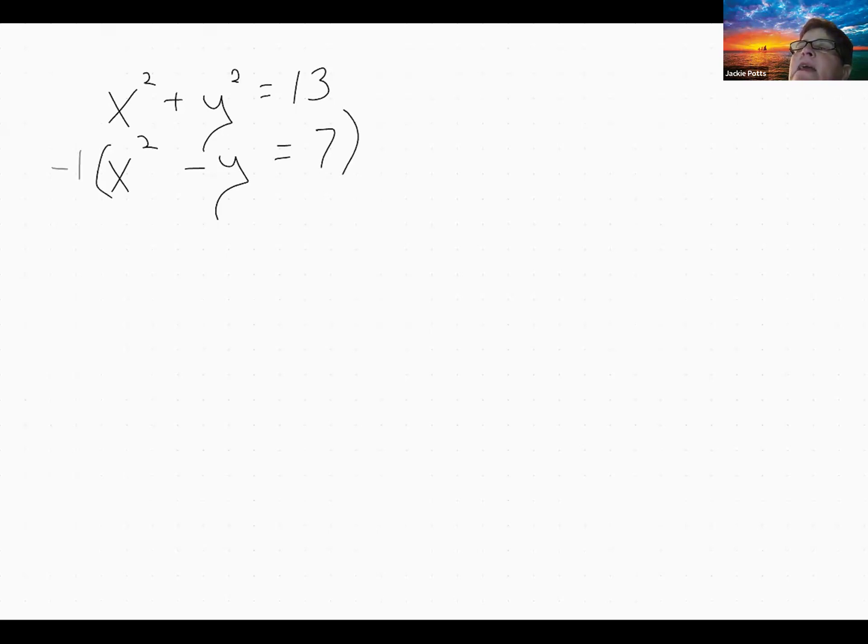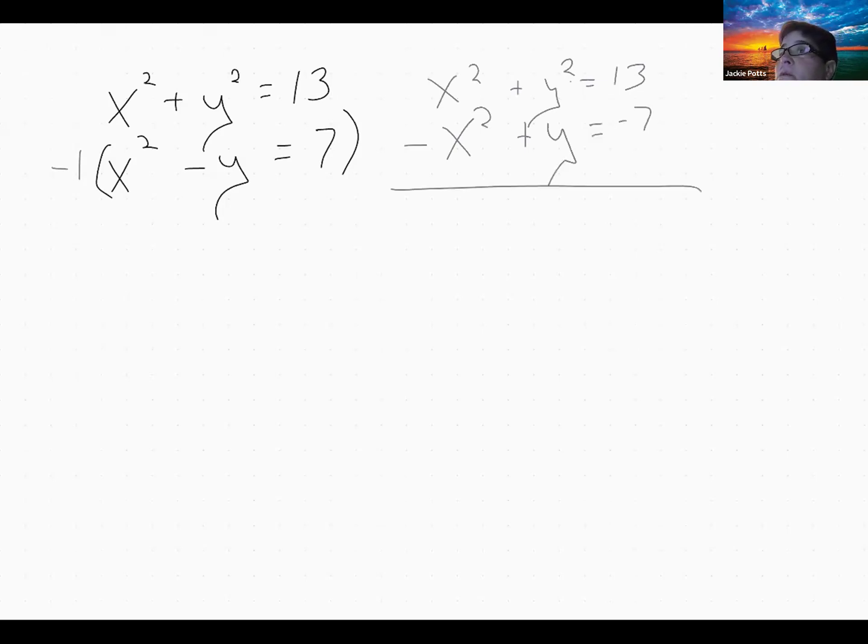But now I got a negative x squared, and negative times a negative gives me a plus y equals a -7. So when I add, x squared minus x squared gives me 0. I can't add y squared to y exactly. So both terms now come down. And 13 minus 7 gives me 6.